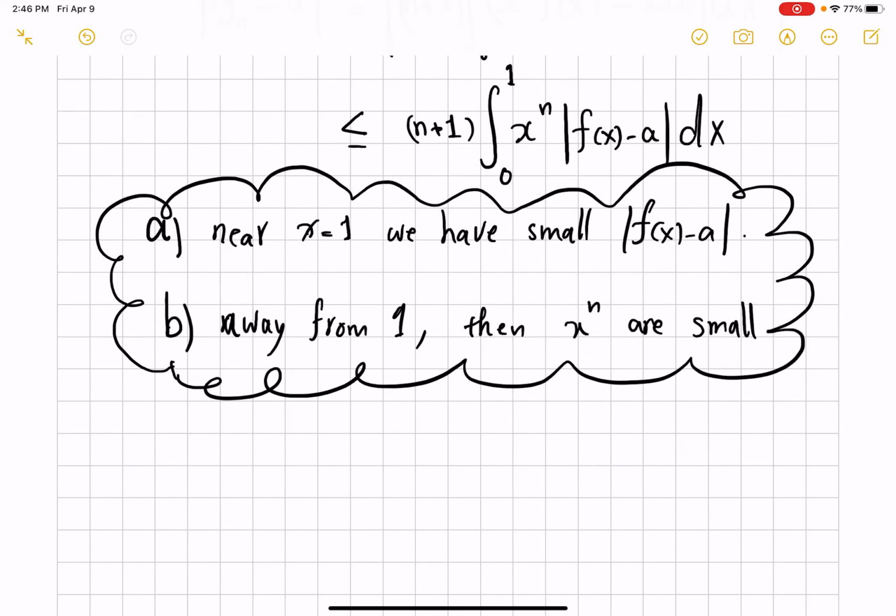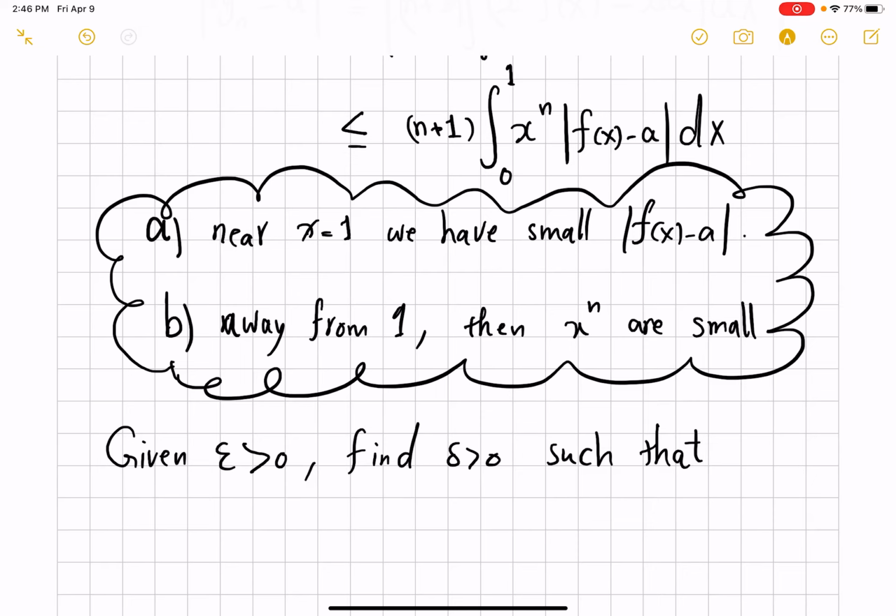So, if someone gives us an epsilon positive, find delta positive such that the a part, so |f(x) minus a|, is less than epsilon for every x which is pretty close to 1, so that |x minus 1| is less than delta.